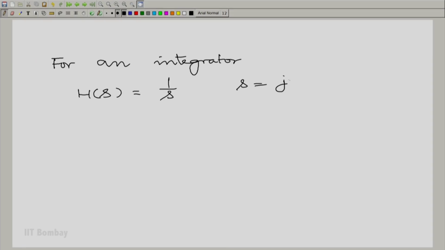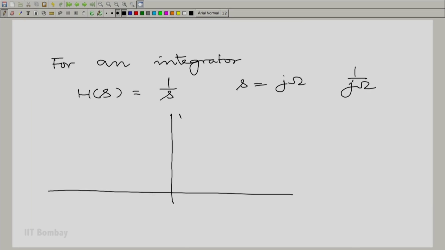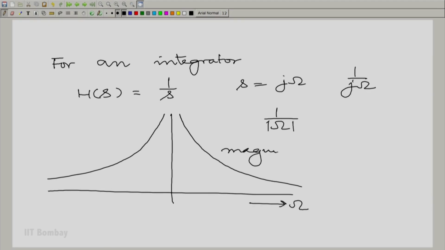When you put s equal to j omega, you get 1 by j omega, and therefore the magnitude would look something like this. Now, clearly, this would overemphasize lower frequencies, in fact, overemphasize the 0 frequency. That means a constant is a terrible thing to give an integrator, but if you don't give constants, then the integrator is okay because high frequency components are suppressed.